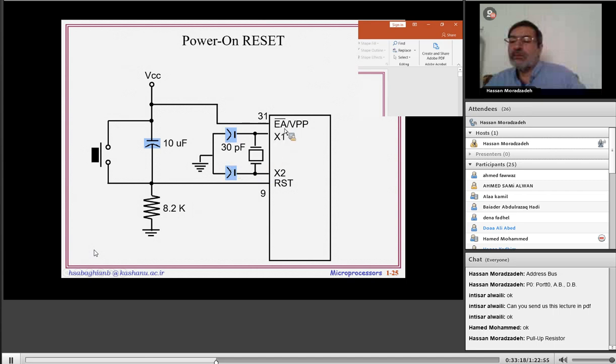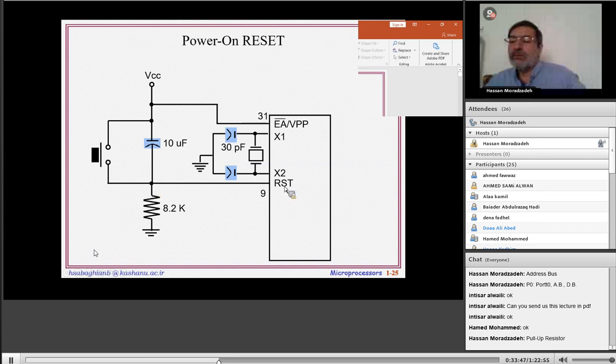For example, based on the data sheet, for some microseconds this pin must be activated, or be at high voltage, so our microcontroller is in a reset situation. These two pins are for crystal connection, and maybe external access is deactivated.